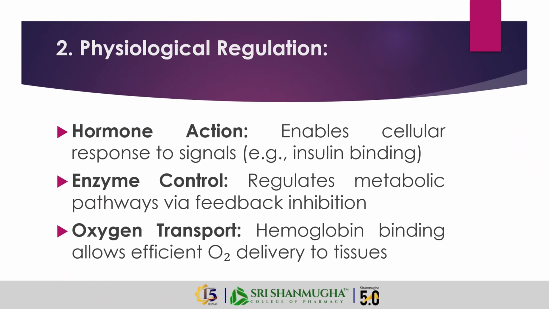Physiological regulation. Hormone action: enables cellular response to a signal, for example insulin binding. Enzyme control: regulates metabolic pathways via feedback inhibition. Oxygen transport: hemoglobin binding allows efficient oxygen delivery.